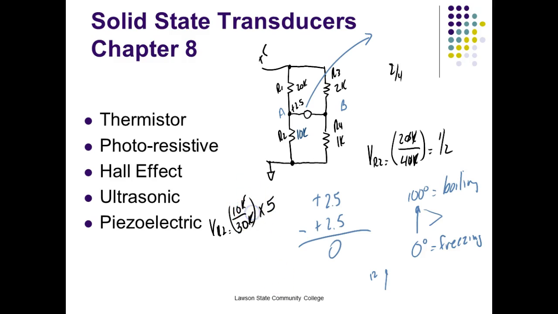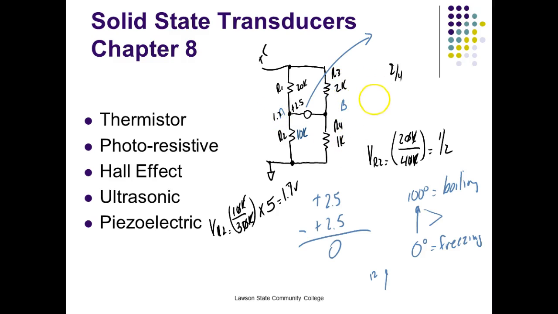The K is going to cancel, so that means this is going to drop 1/3 of 5 volts. What would that voltage be? What's that? 1.67, or 1.7 volts is close enough. So 1.7 volts over here.